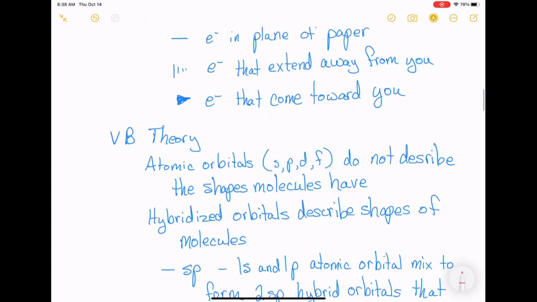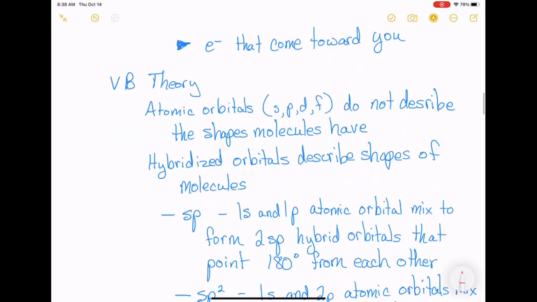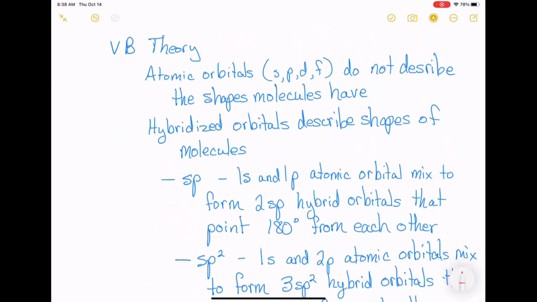Now, in that video, one thing that was mentioned is that the number of atomic orbitals that mix mathematically is going to be equal to the number of hybrid orbitals that form. So if you mix 2 atomic orbitals, you're going to get out 2 hybrid orbitals. If you mix 3 atomic orbitals, you're going to get out 3 hybrid orbitals. So one of the orbitals that was mentioned was an sp hybrid orbital.